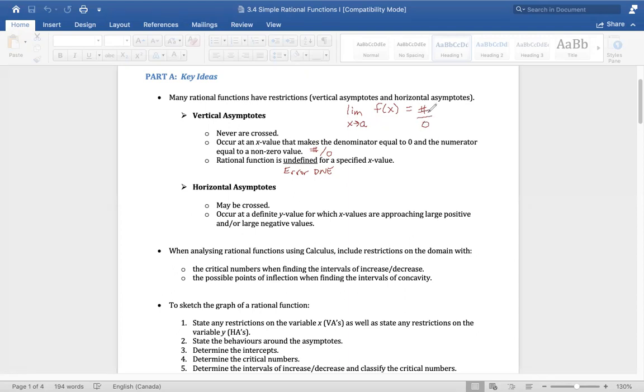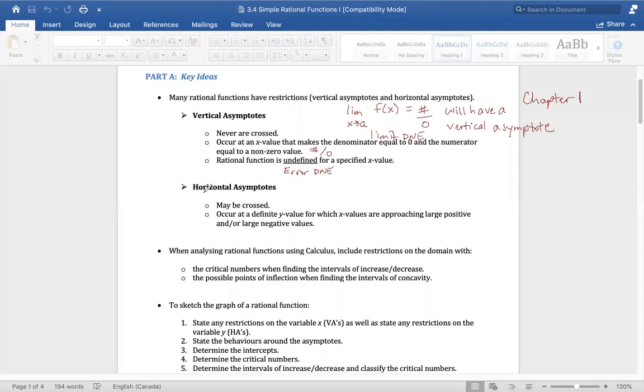If I end up with a number divided by 0, I will have a vertical asymptote, and the limit does not exist. We already have this down at the bottom, but the limit does not exist for that particular example. Again, this is back in chapter 1 if you need to review it first, maybe before this or during study hall.